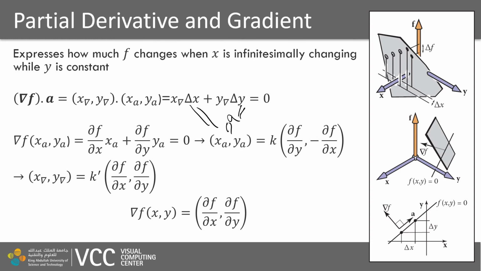So if we have such a vector and the gradient to it, which is orthogonal, then its dot product has to be 0.